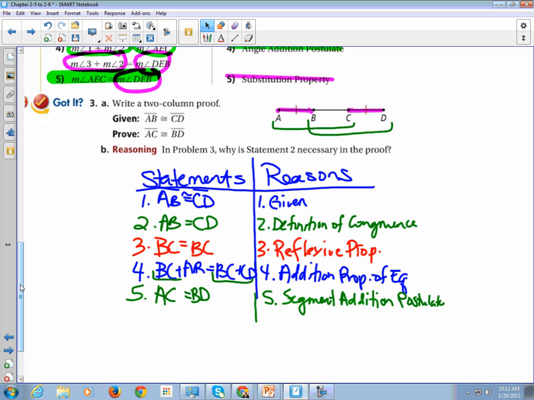We're almost done. If I have two line segments that are equal, I can say segment AC is congruent to segment BD.